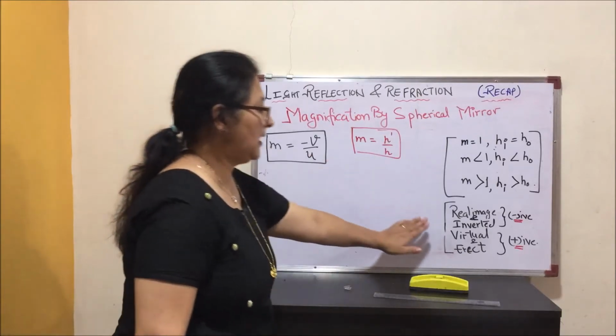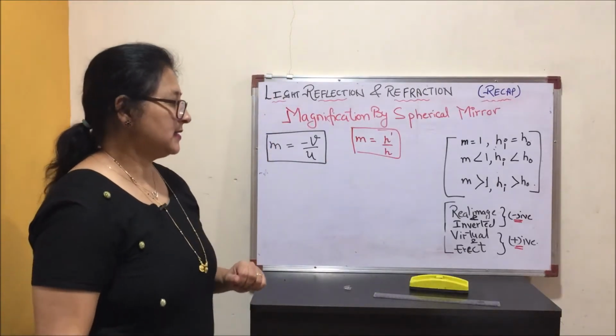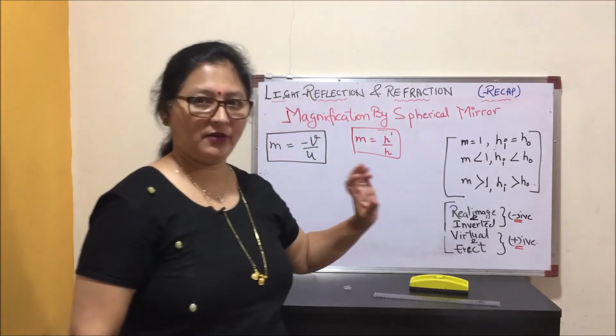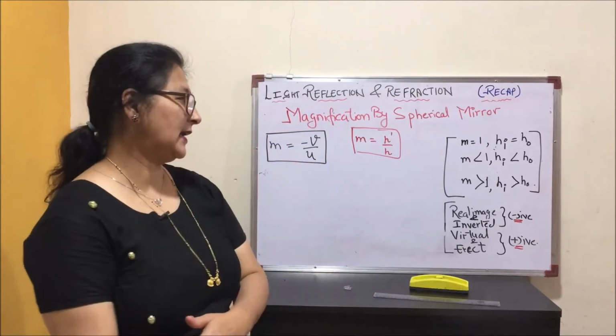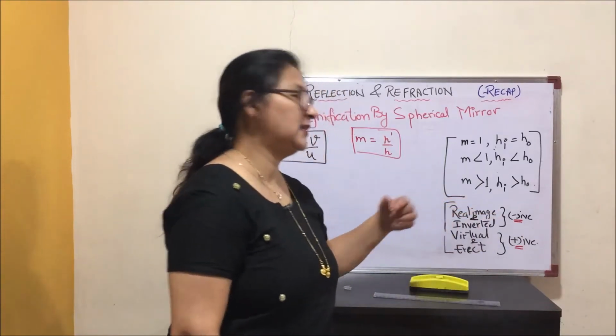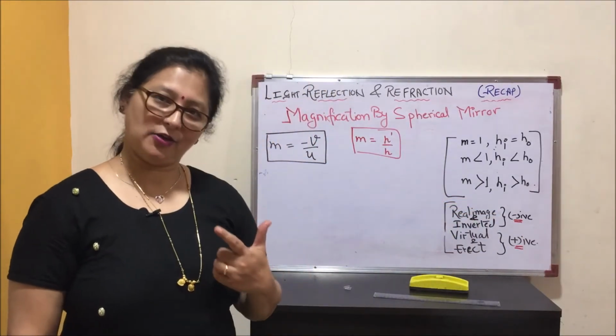So coming to the other part, that is when we see that magnification is negative. Okay, when we see that magnification is negative, what does that negative sign mean? Negative sign means that the image is real and inverted.